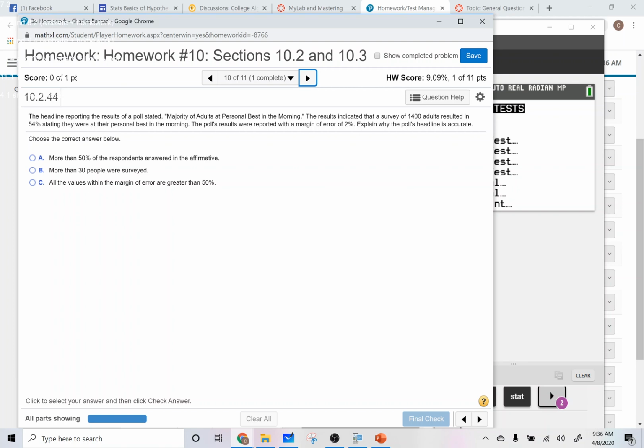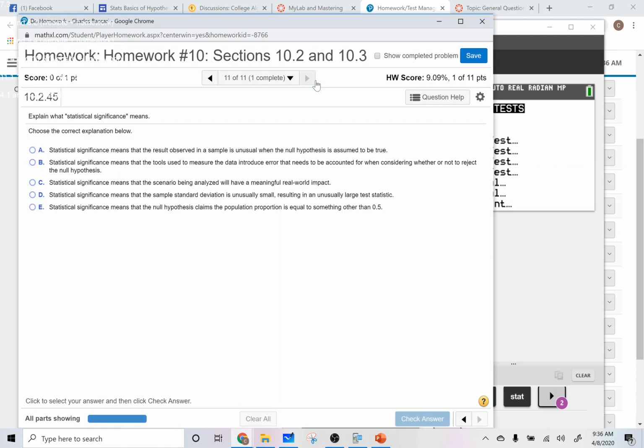I wonder where are all the mean ones? I don't see any of the mean homework. Maybe I didn't put it in here. Headline reporting the poll. The poll results were recorded. Explain why the poll's heading is inaccurate. Okay, you can do that probably. We talked about this as well.